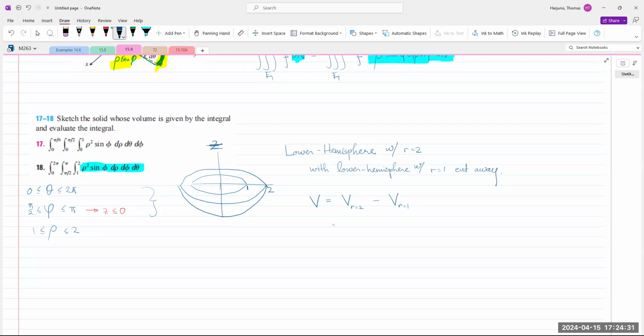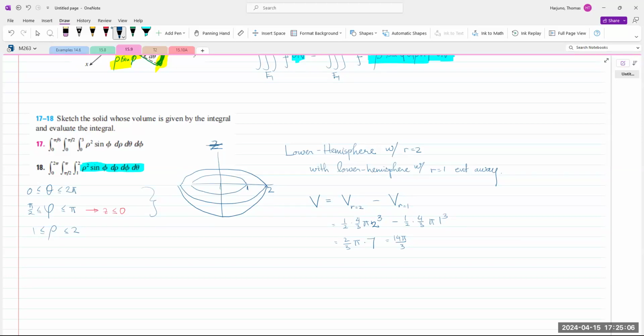The volume of a hemisphere is 1/2 of 4 over 3 pi r cubed, minus 1/2 of 4 over 3 pi 1 cubed. This is 2 over 3 pi times 8 minus 1, that's 7. That should be the answer. So that's 14 pi over 3.